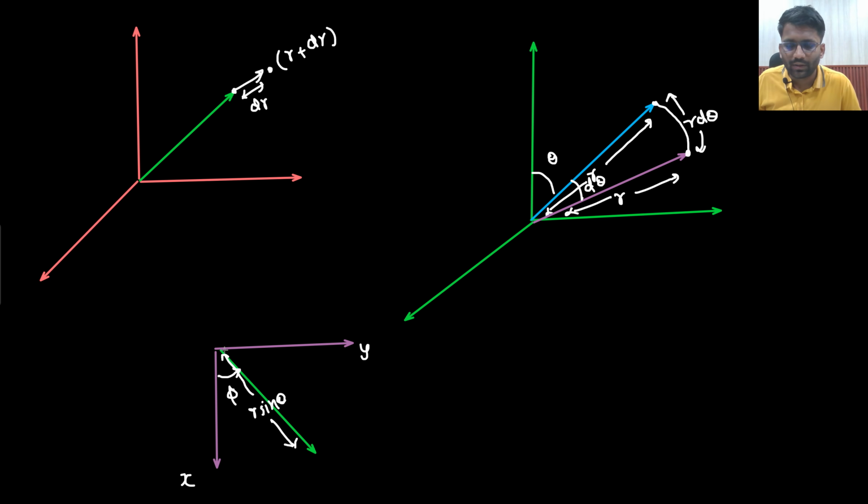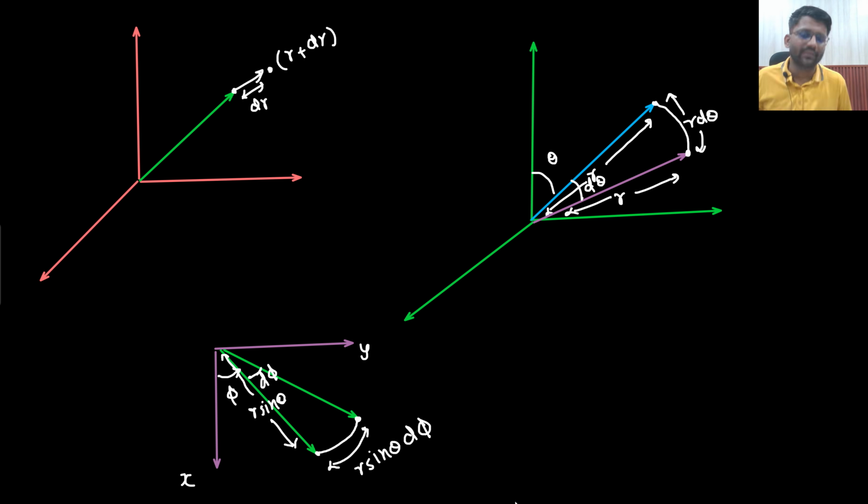That means from this point to this point we need to go. So how much arc length have you covered? R sin theta d phi. This much arc length we have covered.